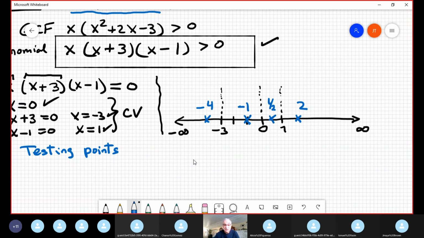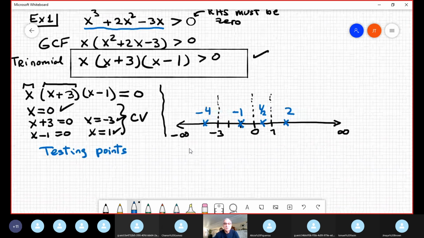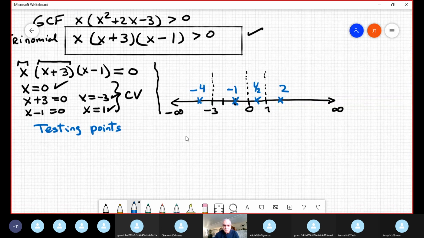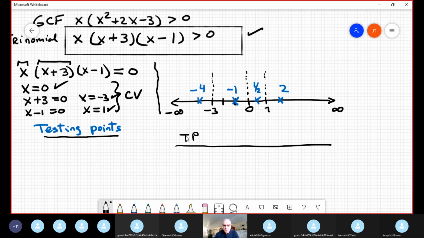There is one fantastic, relatively easy way to do that: create a table like that. You create a chart, TP, where TP means testing point. And you copy the testing point, negative 4.